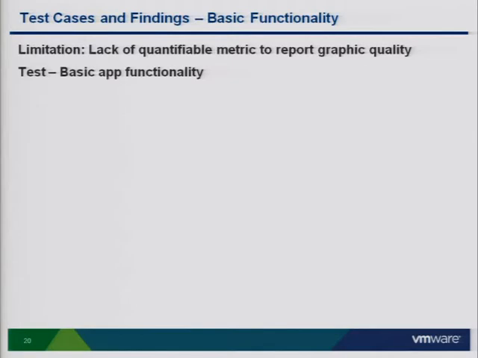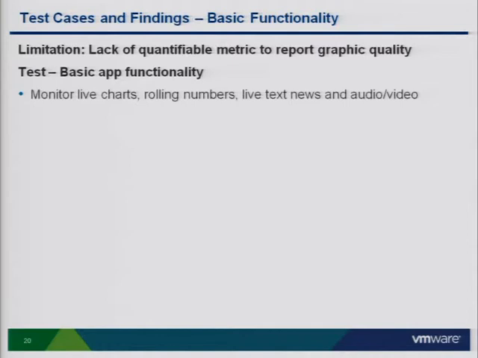Our first testing was about basic functionality, which in a financial world essentially means looking at the live charts or all the multimedia news so that you're up to date with what's happening and can take your decisions, looking at those rolling numbers and various other financial commands in the application. And our observation is divided based on protocol.